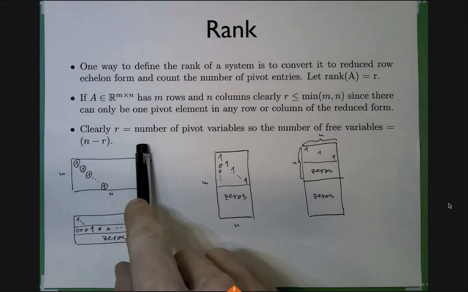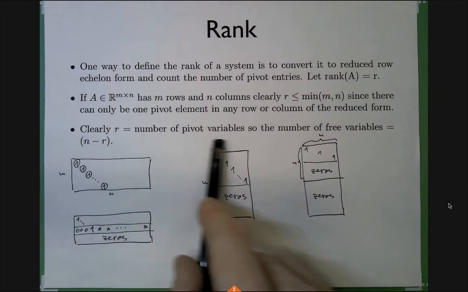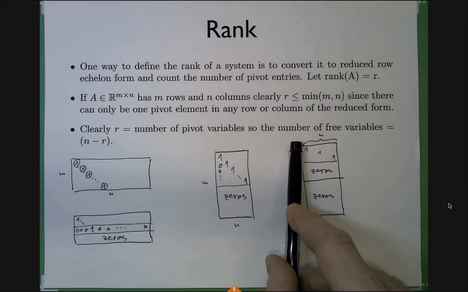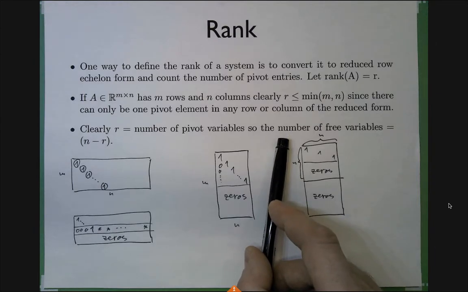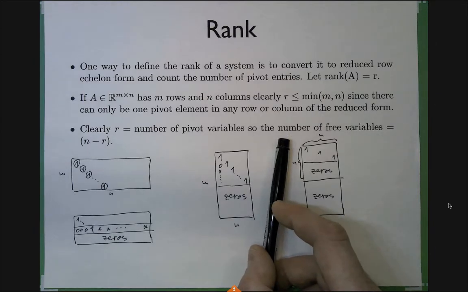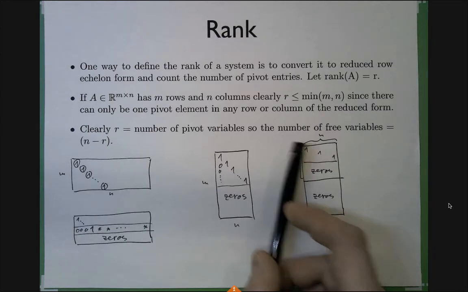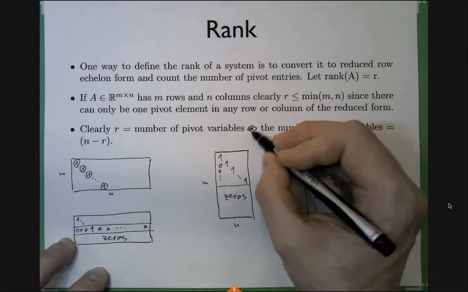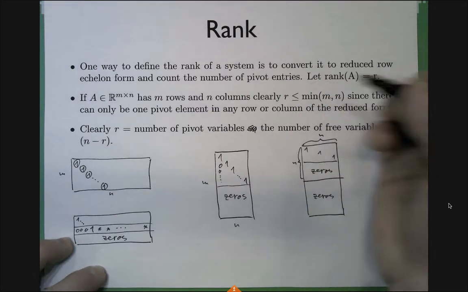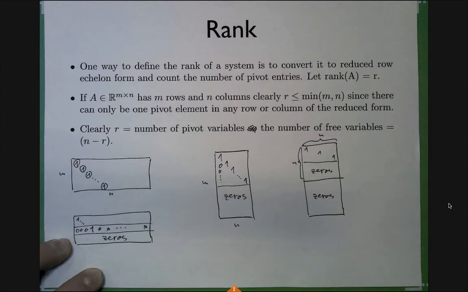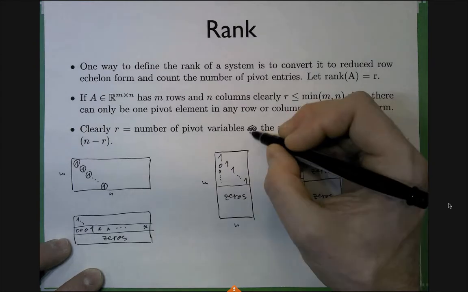And there is a simple formula which says that the rank is the number of pivot variables. No, this was actually correct.